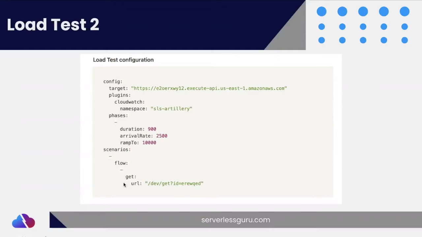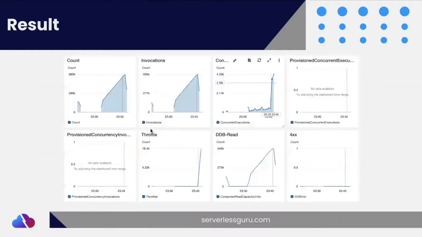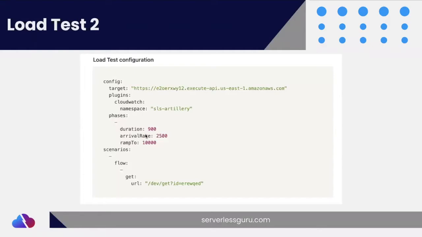So we again created a new load testing configuration, and we ran it for 15 minutes with an arrival rate of 2,000 requests per second, ramping up to 10,000. We were expecting that since we have increased to 20,000, everything would be served without any issue.